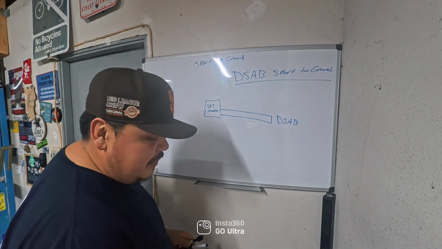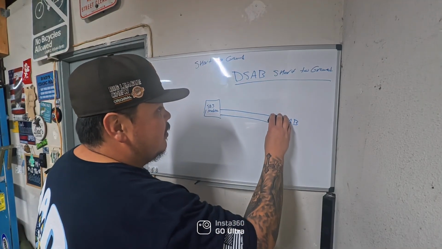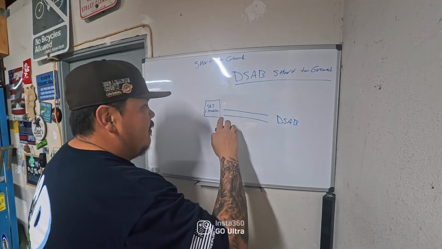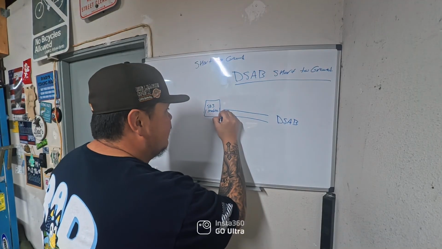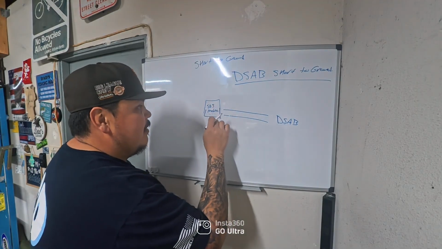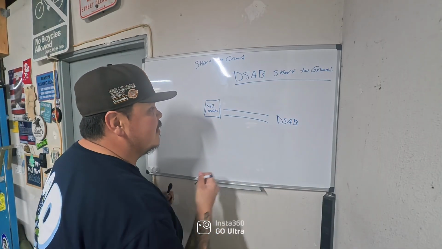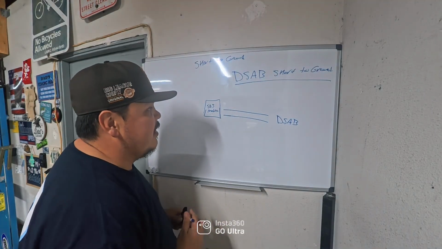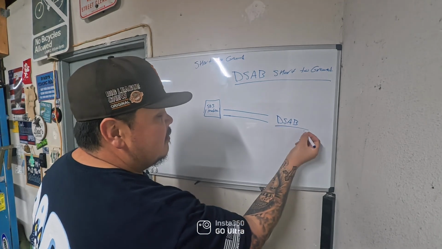So the proper way to do it is you have to unplug both components. When I do that test for a short to ground, I'm unplugging both connectors on the airbag module. I don't want to risk blowing up the airbags and looking like an idiot. So your airbag module is completely unplugged, 2 connectors, 3 connectors, whatever it is, and then you're unplugging your component.